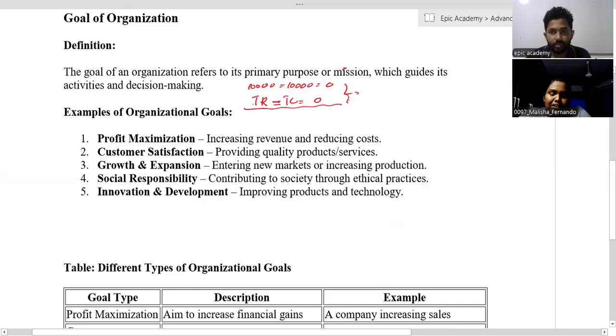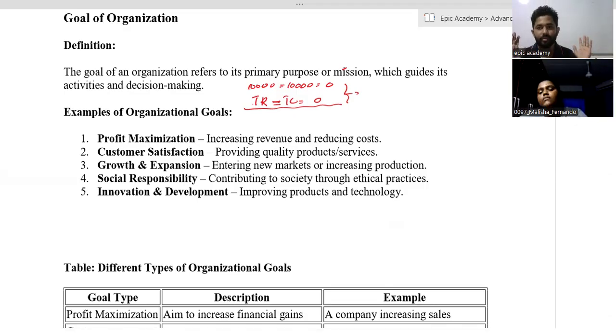So are there any organizations with 0 profit? Sometimes government organizations, and some private organizations too. Maybe their production revenue is enough to cover the total cost. That's enough. They can continue the production.